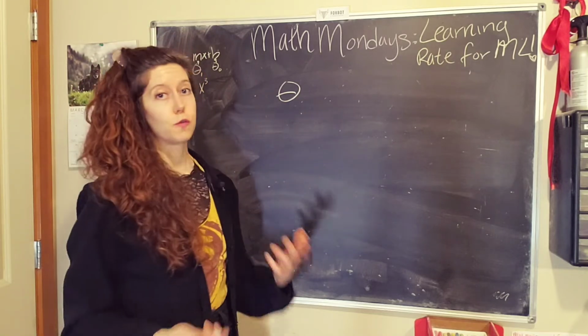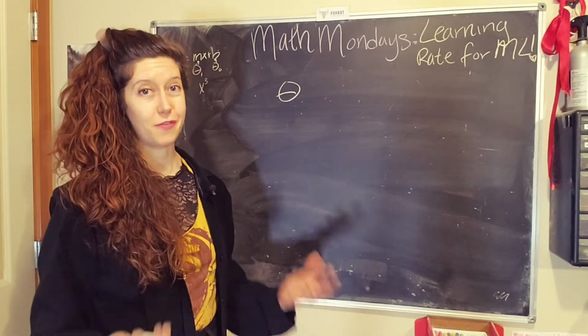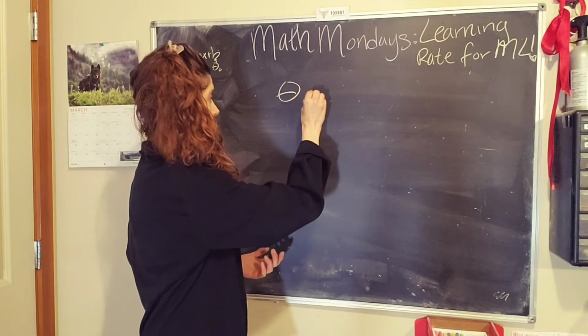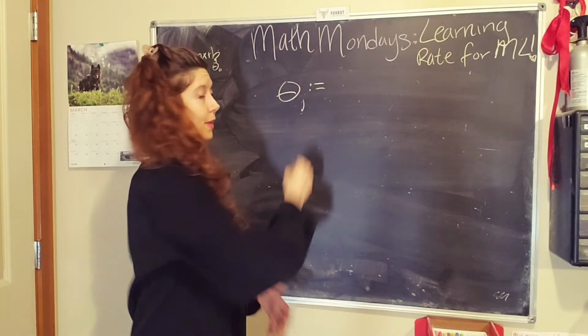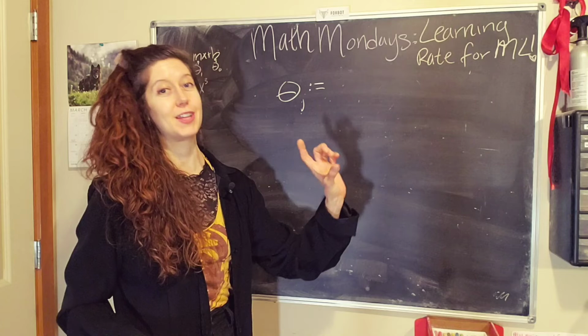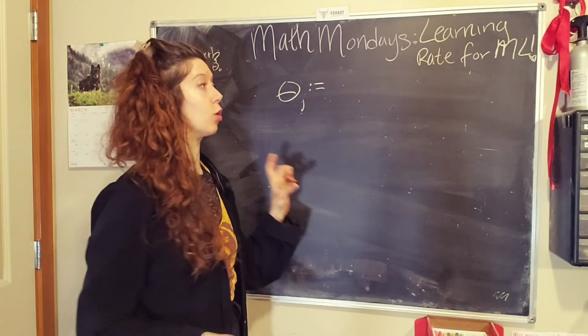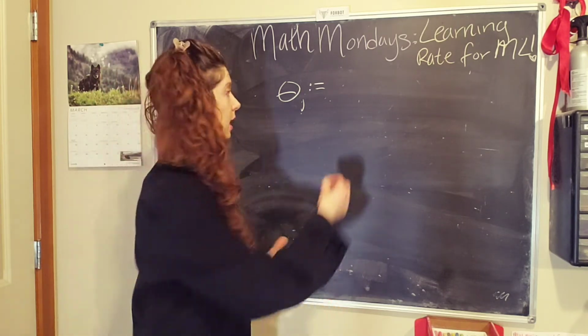So we want to find the parameters that best fit our data set, which requires us to make some guesses, find the difference between the guess and our prediction, and then update that.